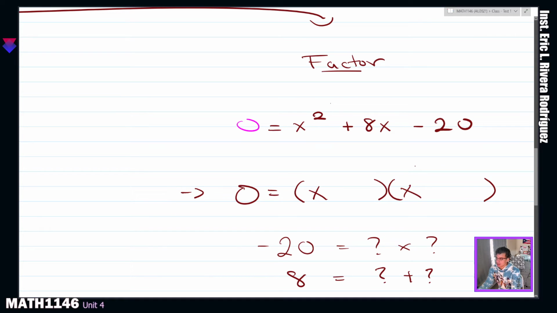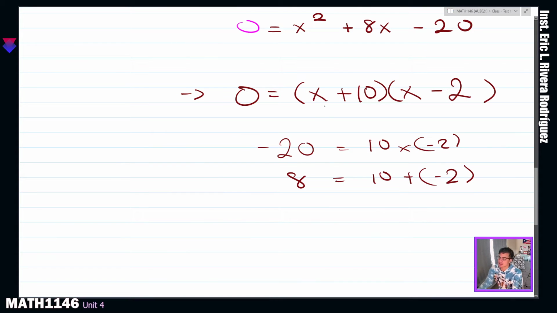Another important thing is that the negative sign here is telling us that one of these is going to be positive and the other one is going to be negative, right? So which one? We know that if we multiply negative 2 times 10, we get negative 20. And if we add those same numbers, we get positive 8, right?